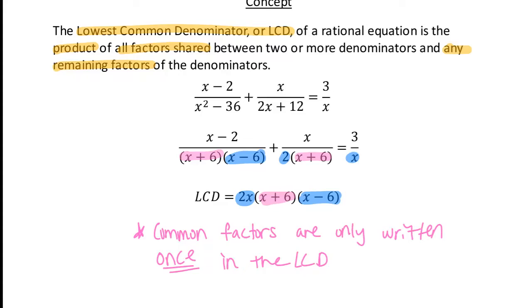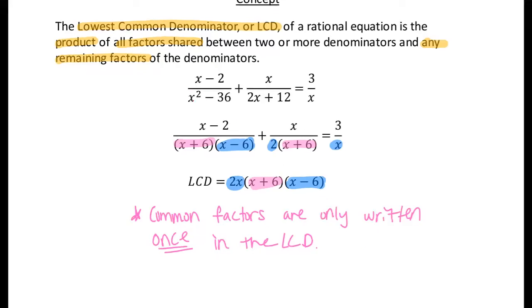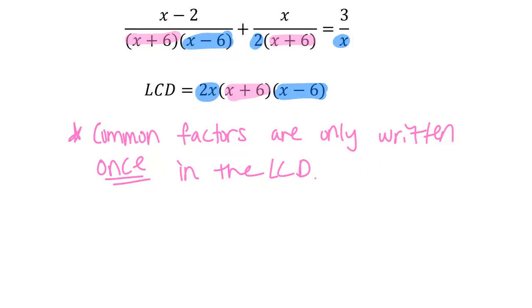Lowest common denominator, okay? I only write it one time. So for example, I can see the x plus 6. Even though it showed up twice, the x plus 6, I only write it once in the LCD, okay? And then everything else just kind of gets attached to it at the end, okay? But the ones that are common, the common factors, we only write them once in the LCD.